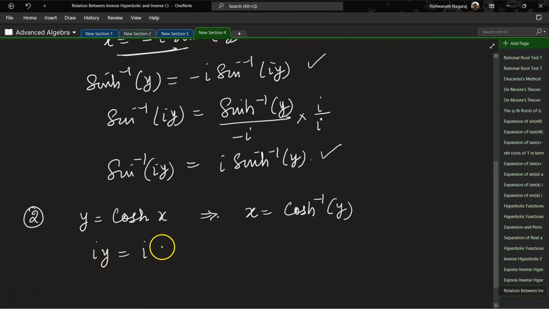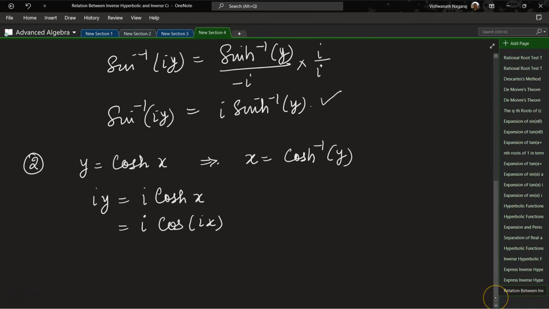So we get iy is equal to i cos x. Now this cos x can be written as cos of ix.